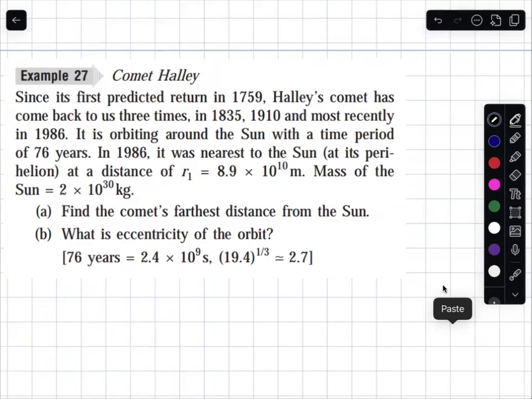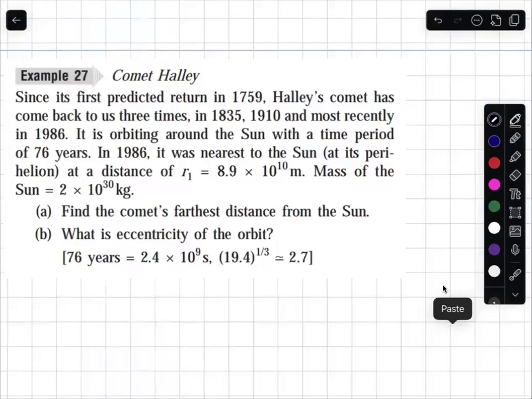Its predicted return in 1759, Halley is the name of the scientist who discovered that planet. Since 1759, Halley's comet has come back to us 3 times: once in 1835, the other in 1910, and most recently in 1986.